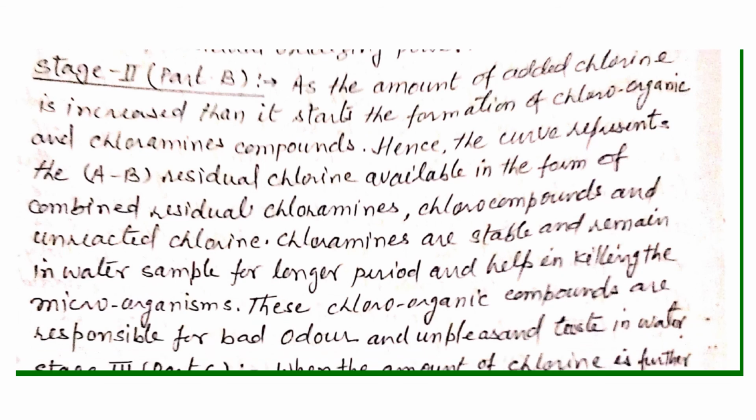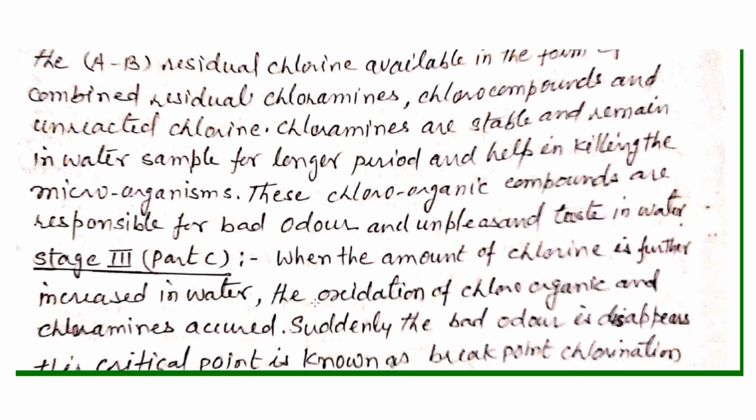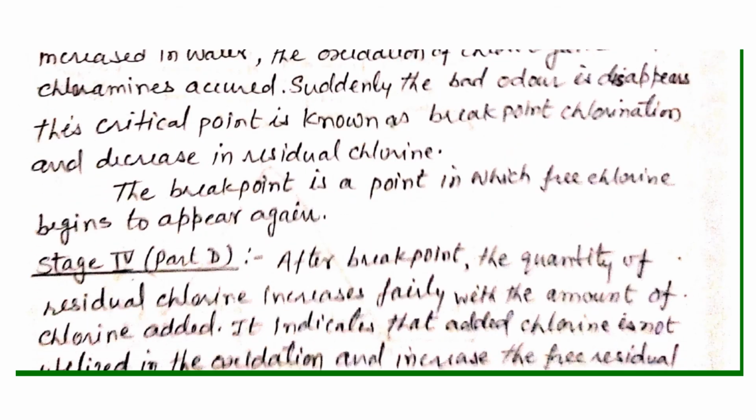In the explanation we have to write: first we have to draw this graph, then from the initiation point to point A, this is stage 1, then A to B stage 2, then B to C stage 3, and then C to D stage 4. Those stages we also have to discuss in short.